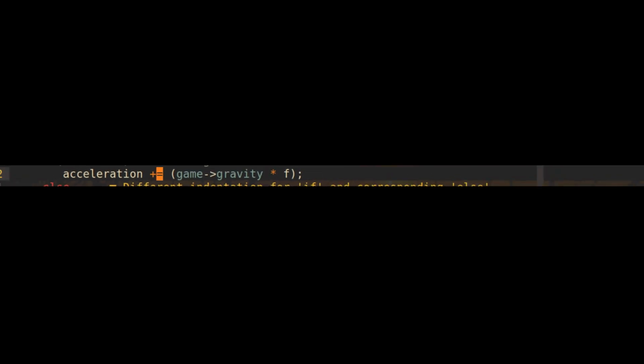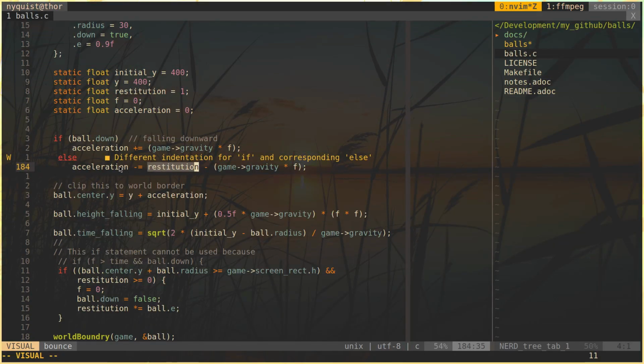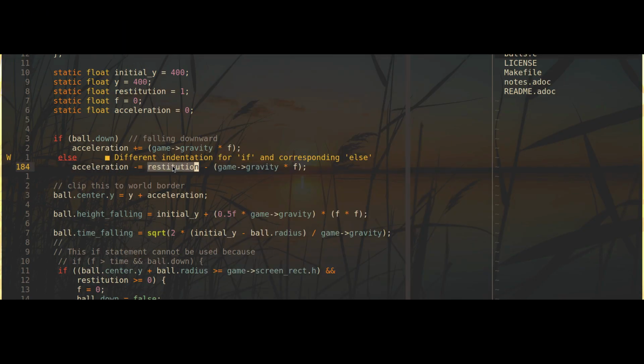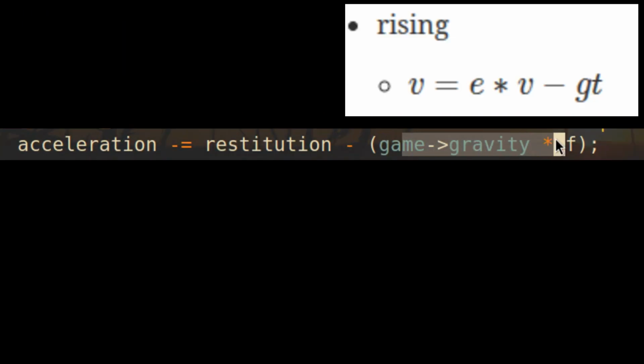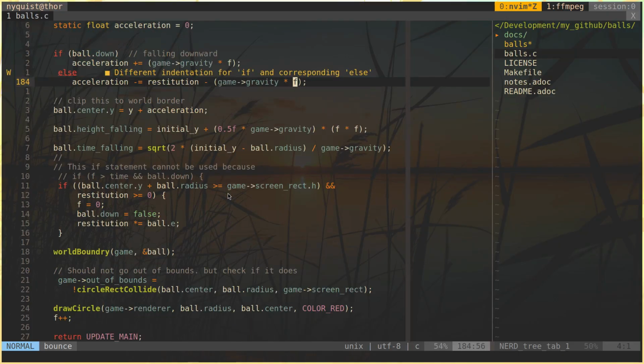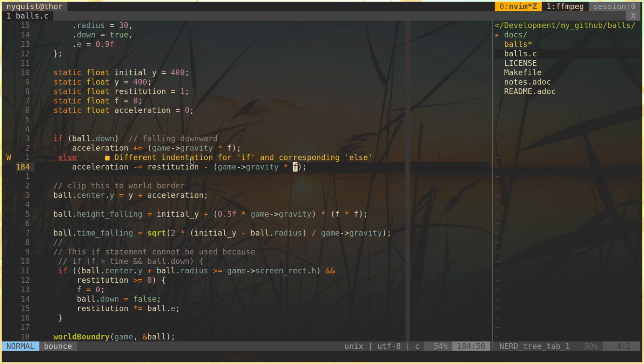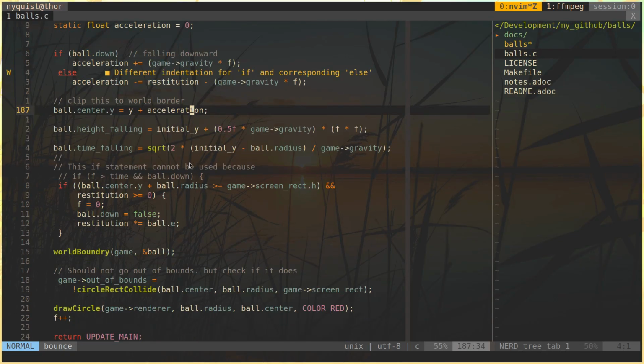And then if we're going upwards, we're doing restitution minus gravity times time, like I showed before, somewhat. And it might look a little bit different here because I changed it a little bit.